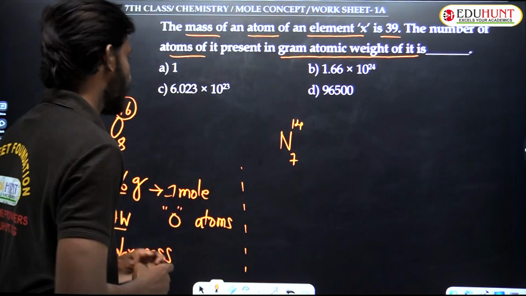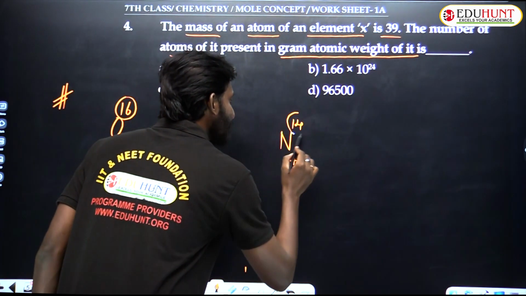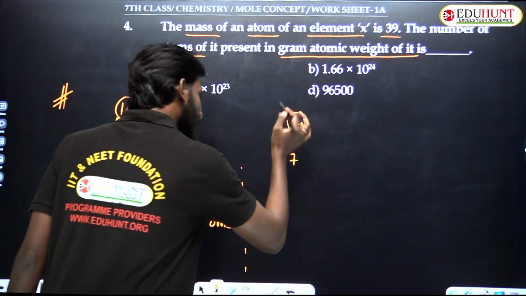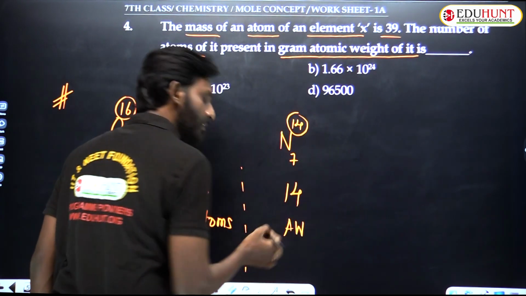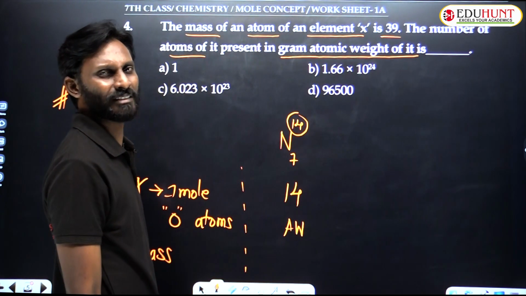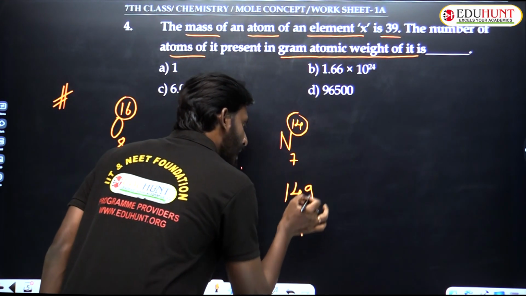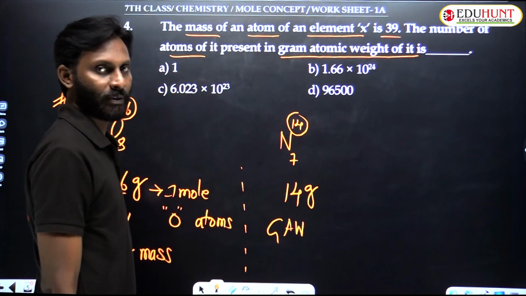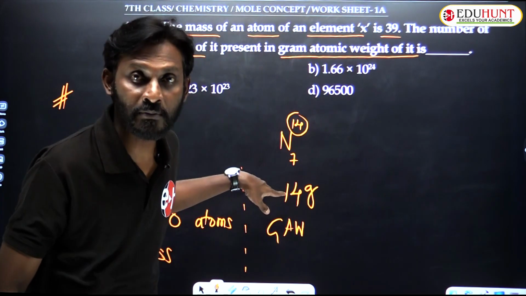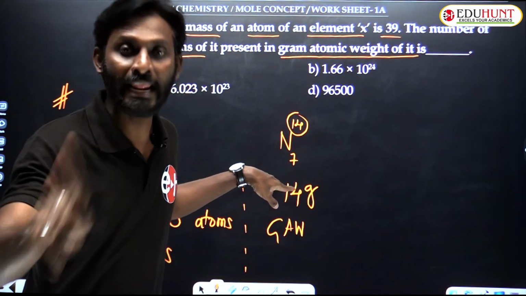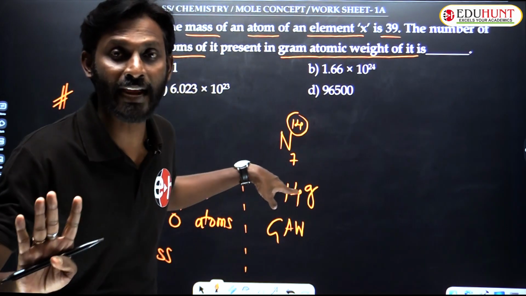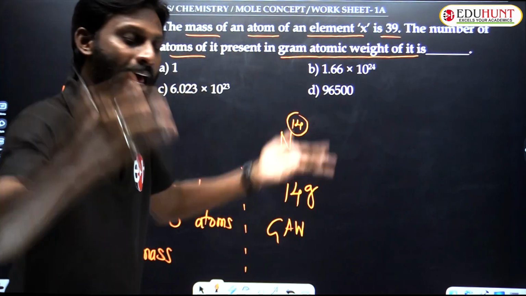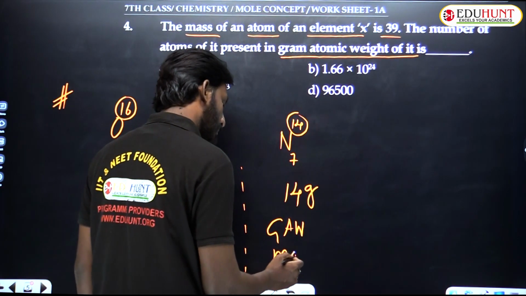Looking at the mass number 14, I write 14 is the atomic weight. Expressed in grams, it becomes gram atomic weight. But this 14 grams is not the mass of one atom. It is the mass of 1 mole of atoms. That's why it is called molar mass.